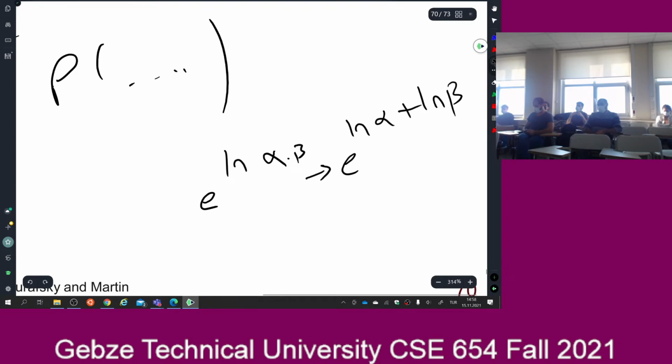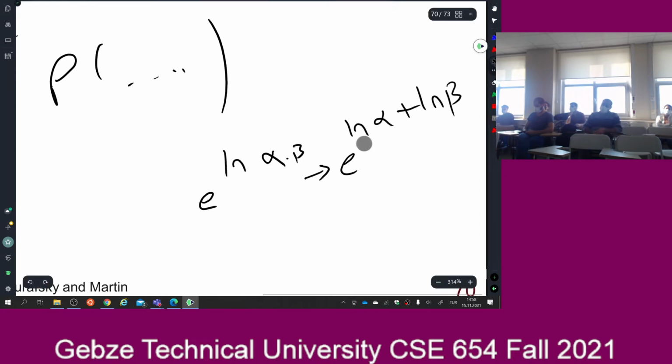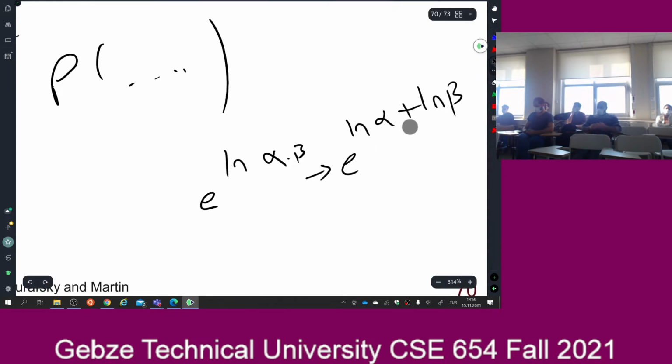So don't multiply these two numbers. Get the logarithm of each number, add them together, then take the exponential. In this way you are not multiplying very small numbers, you are just adding them.